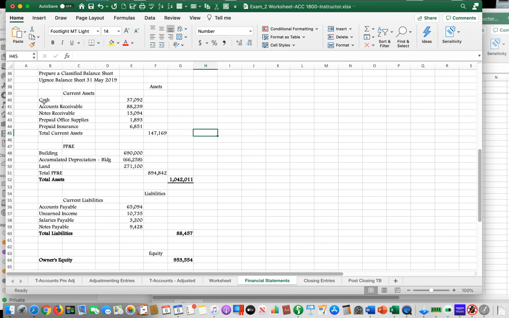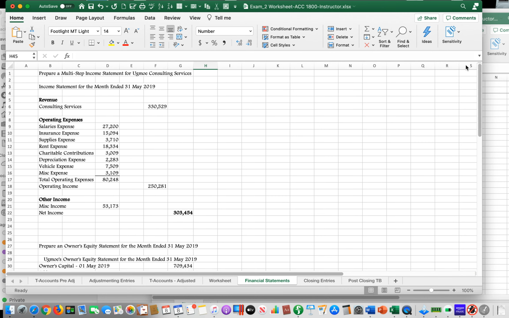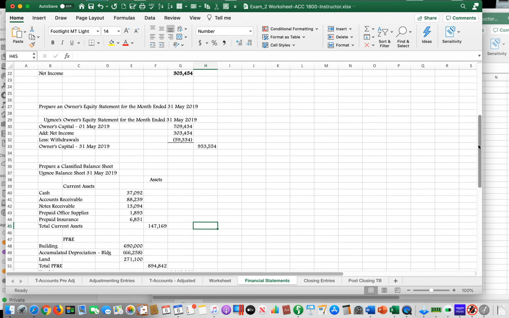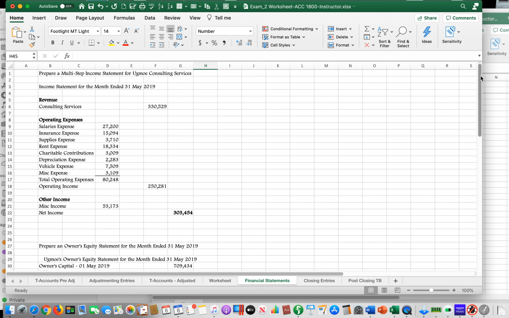Every account on the balance sheet is a permanent account. You do not close them. All other accounts, such as all your income statement accounts, plus withdrawals, and a new account called income summary, which we talked about on the slides. Let's go to closing entries.